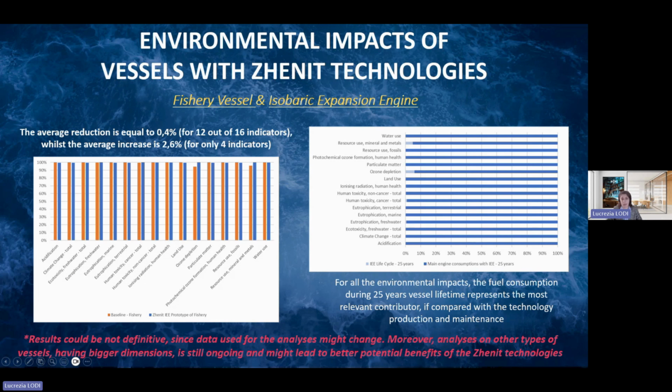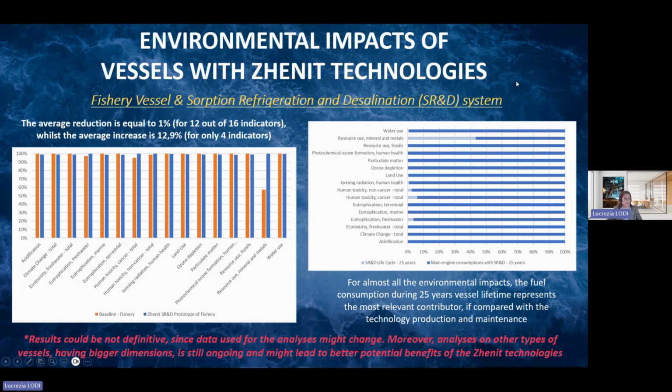So again, with the same logic, these are not definitive. The results could change because the analyses are ongoing, and this is just, for time constraints, an example on the fishery vessel, but we are not going to show either the cruise or the cargo.